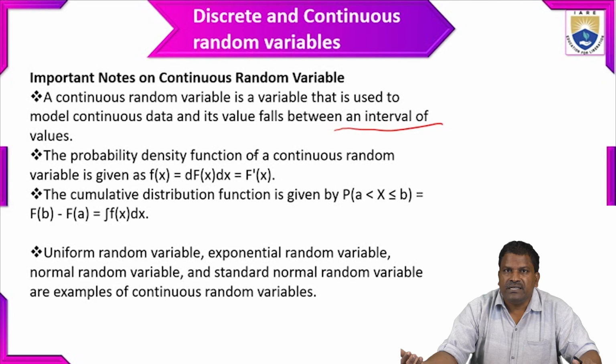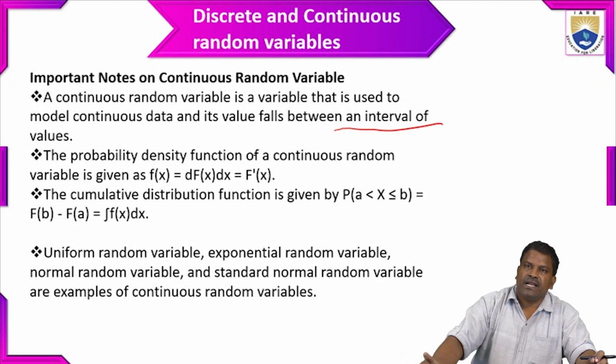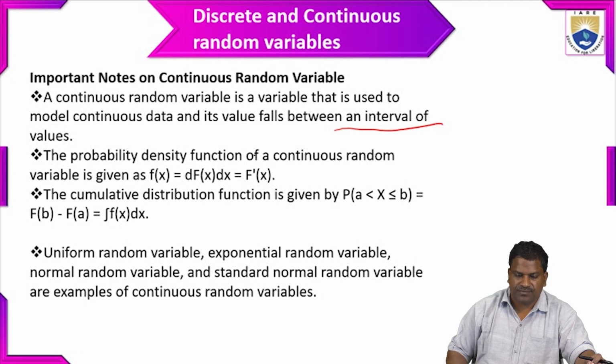It is the integral of f of x dx. The uniform random variable, exponential random variable, normal random variable, and standard normal random variable are all examples of continuous random variables.